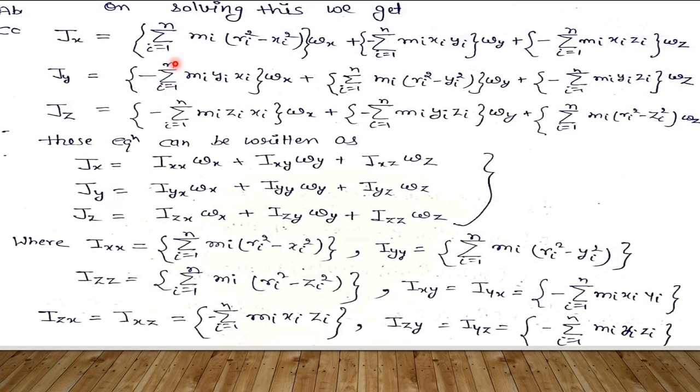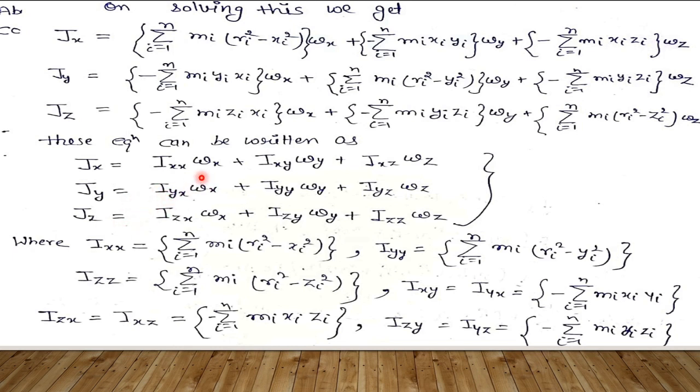Similarly for Jy we can write Iyx omega x, Iyy omega y and Iyz omega z. Similarly for Jz, this is Izx omega x, Izy omega y and Izz omega z. So we have summarized these equations in terms of Ixx, Ixy, Ixz and similarly for y and z.